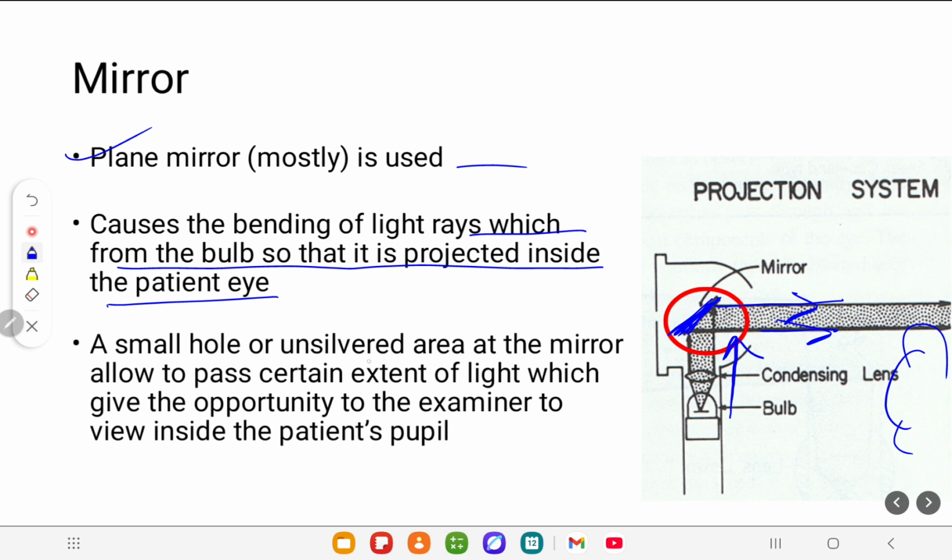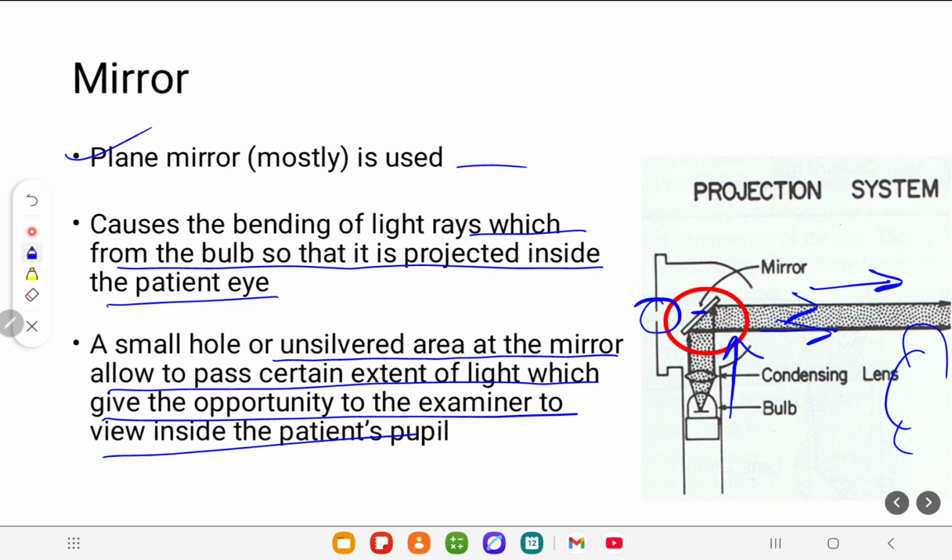A small hole is, see, the small hole is an unsilvered area of the mirror that allows certain light to pass, which gives the opportunity to examine the view. So we are viewing from this. This is the peephole, and there will be a small hole. So when light is projected toward the patient and the reflex comes from that patient, we can observe it from this small hole in the mirror.